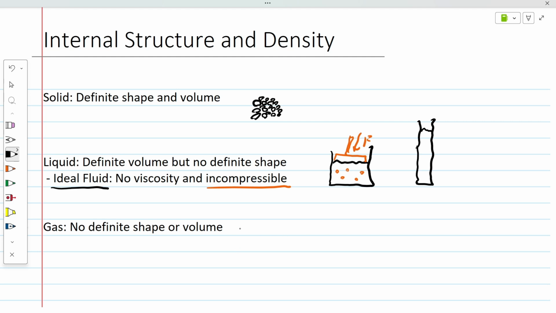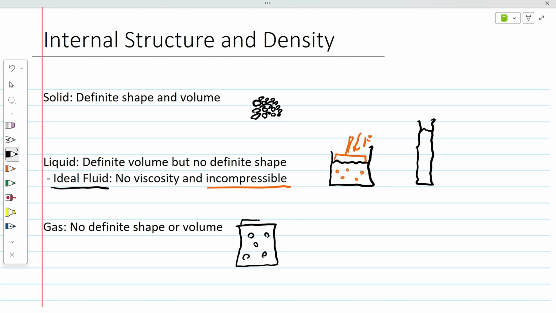Okay, and so gases have no definite shape or volume. So let's say we put a gas in a container like this, and it has some molecules in it. It's going to depend on the container how much volume this gas takes up and the shape it takes, which means a gas is compressible.